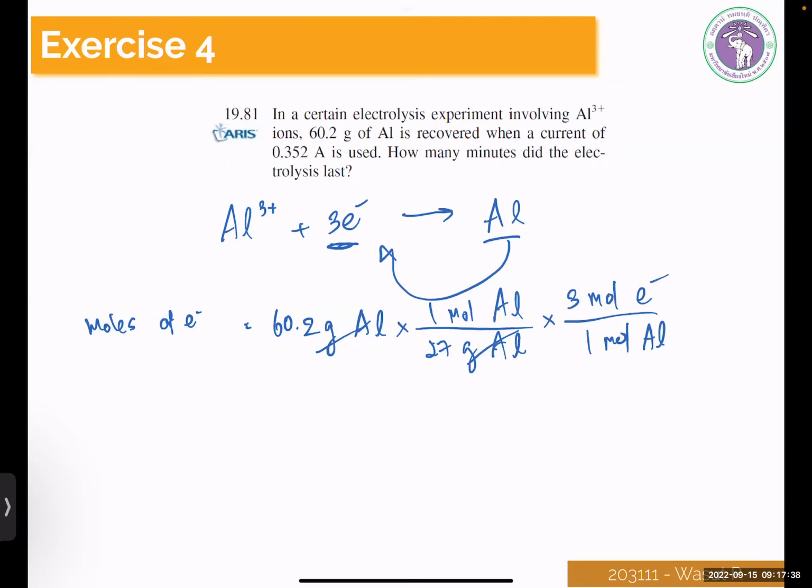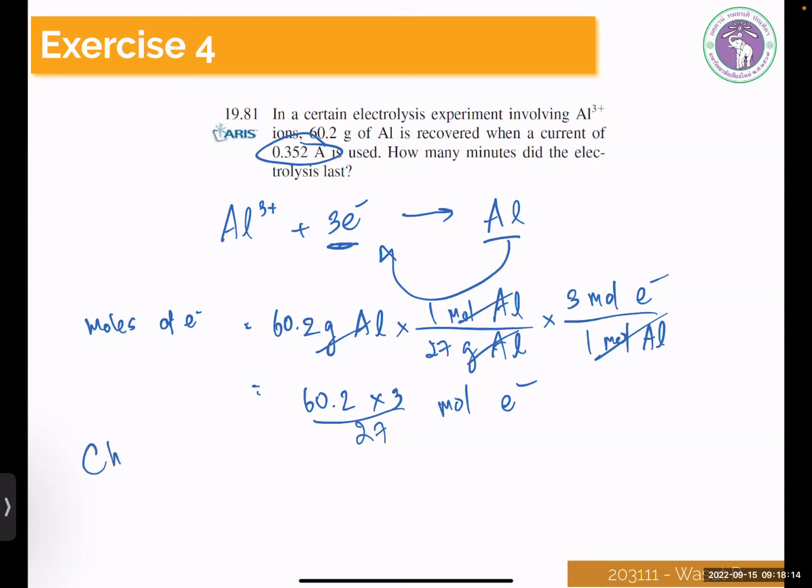You can just use your simple stoichiometric relationship right here. Now I got it to be some number, and I'll leave that out for now. This is the number of moles of electrons that actually react with aluminum 3+ to get this much aluminum. And now I want to convert this into the time that was actually used in this reaction.